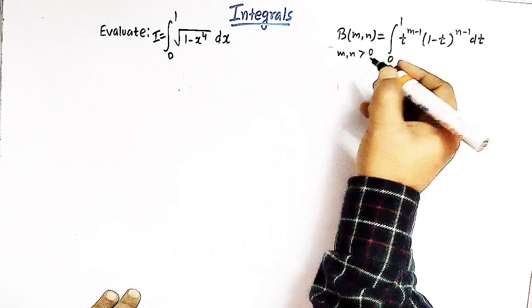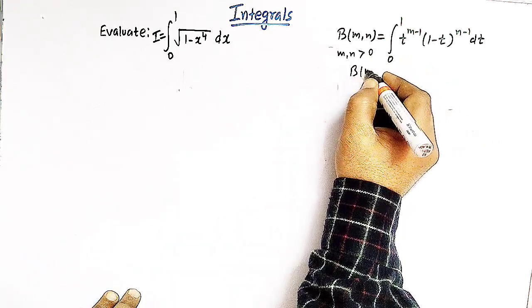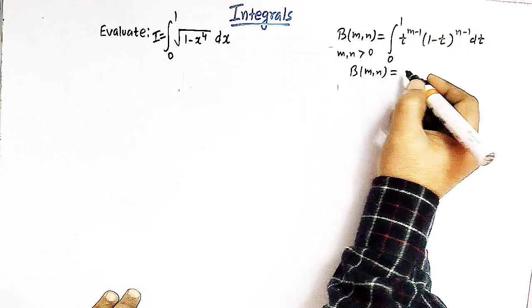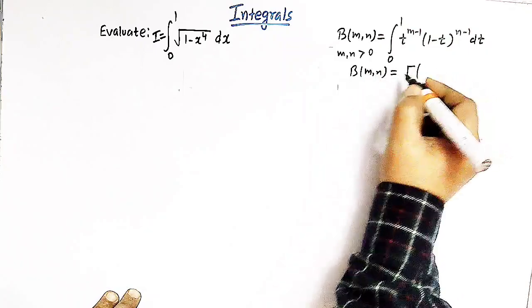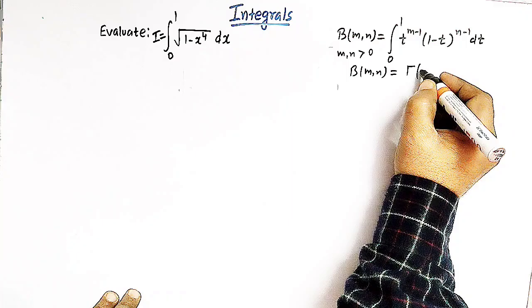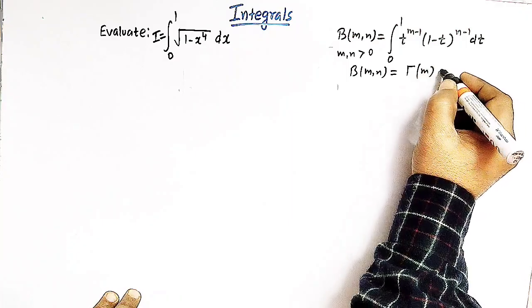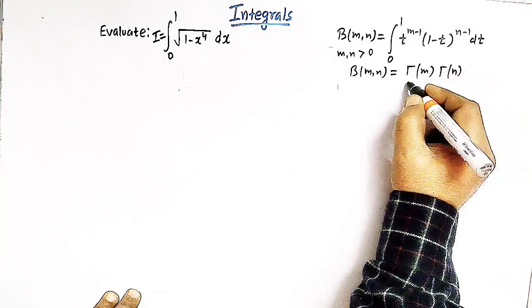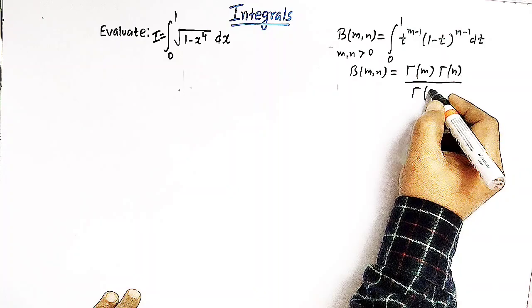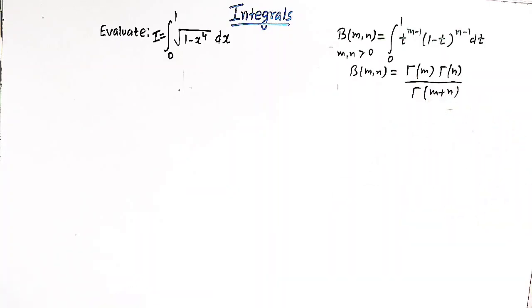So the beta function and gamma function are related by this expression, that is beta m comma n is given by gamma m times gamma n divided by gamma m plus n.